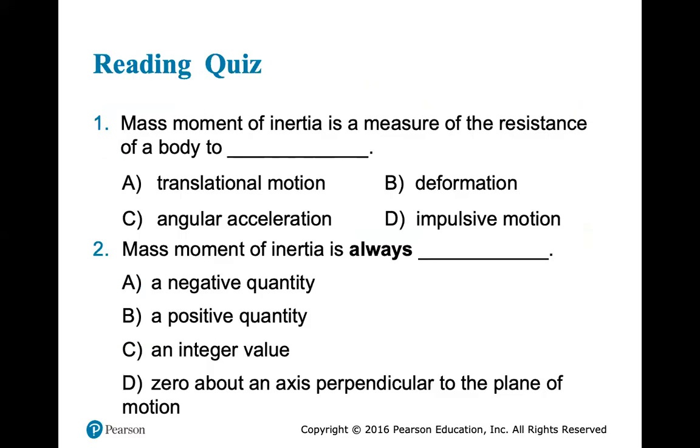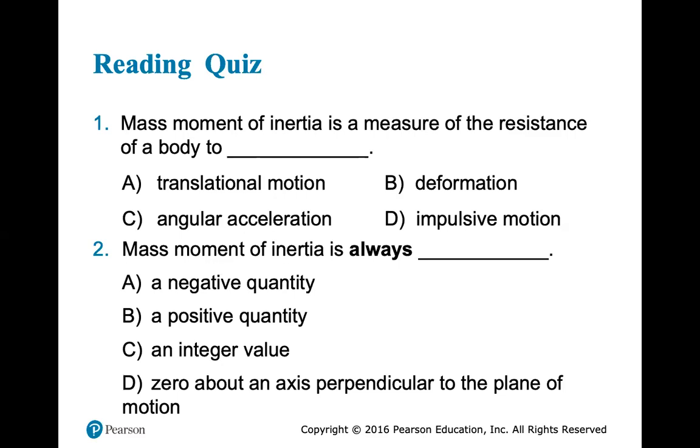The first reading quiz is as follows. Take a second and read it. The mass moment of inertia is a measure of the resistance of a body to... and the answer is C, angular acceleration. Moments of inertia are rotational quantities, not translational.